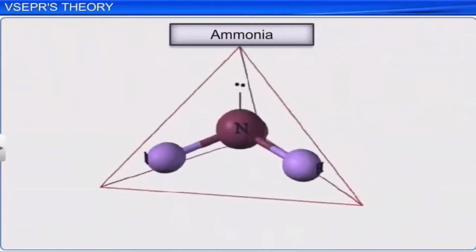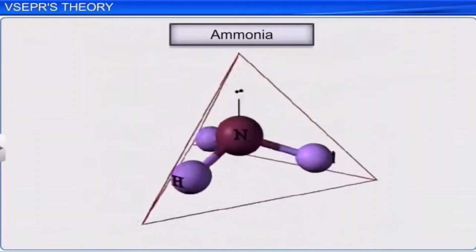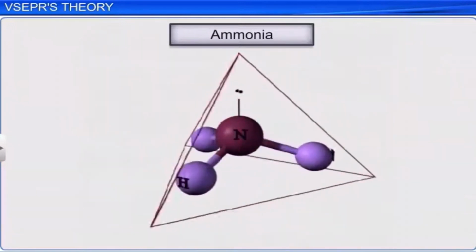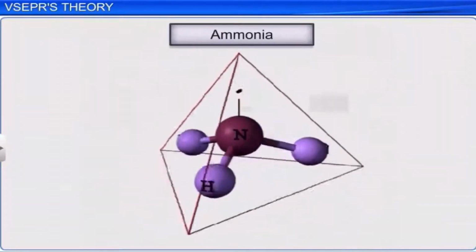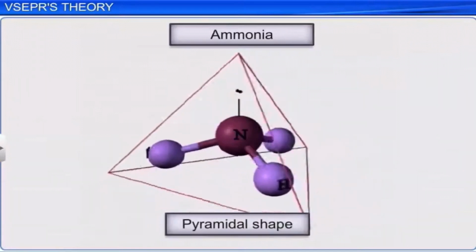However, the lone pair of electrons repels the NH bonded electron pairs, thus reducing their bond angle to 107 degrees and giving the molecule a pyramidal shape.